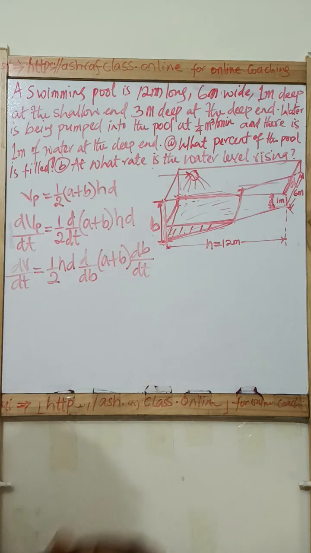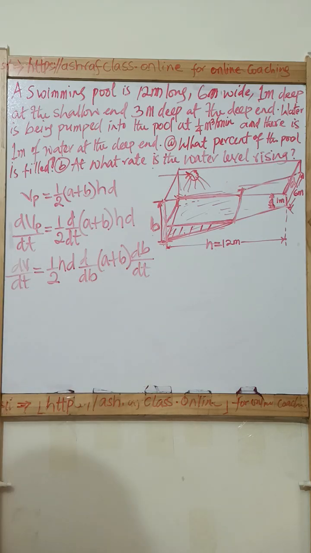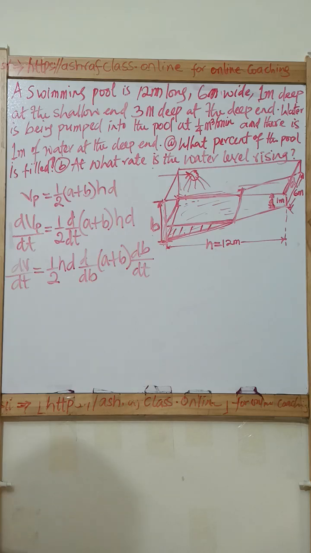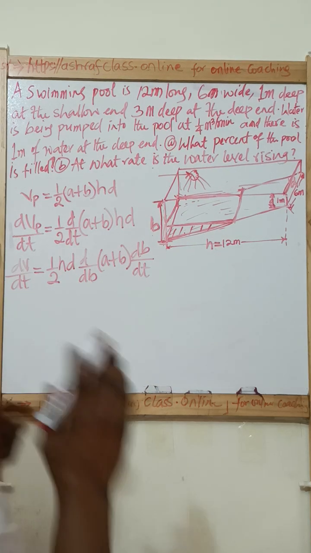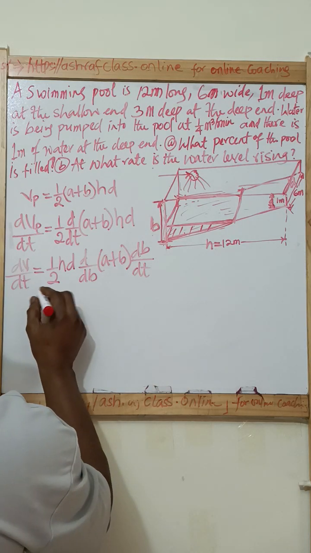We are applying the chain rule here. If you strike this one out, this will still be preserved. So you're applying the chain rule there, because you are differentiating with respect to B. B is the only variable here. Okay?